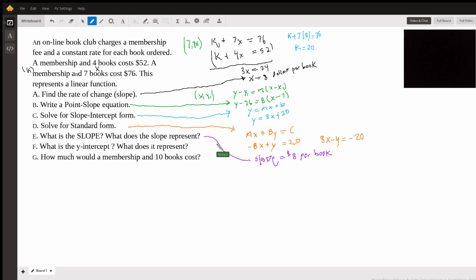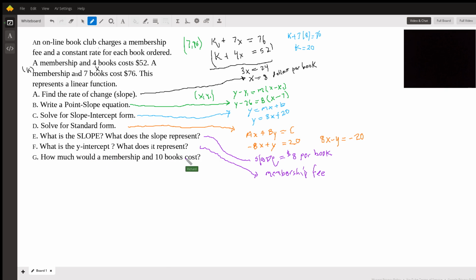Y-intercept, we'll stick with purple here. This is the membership fee.